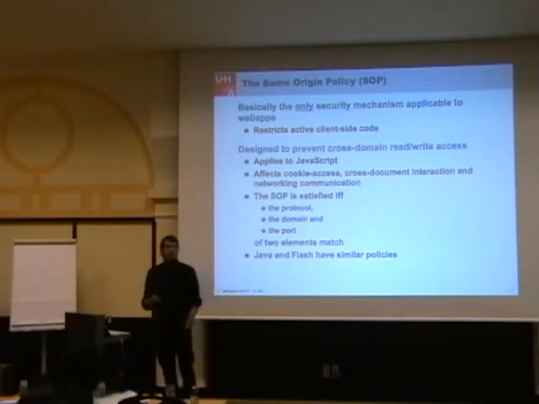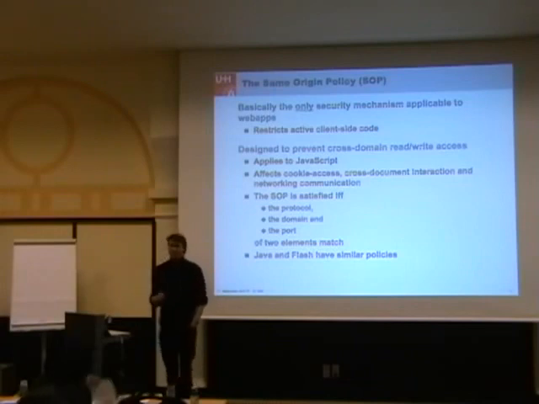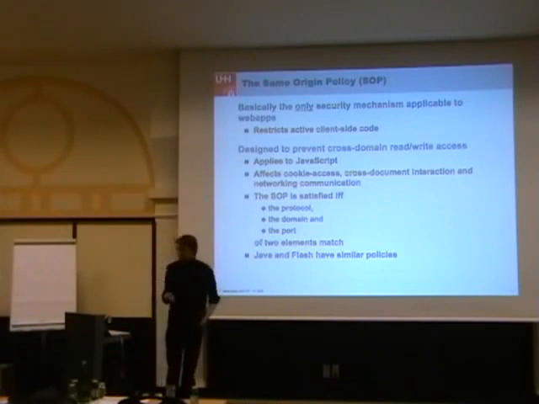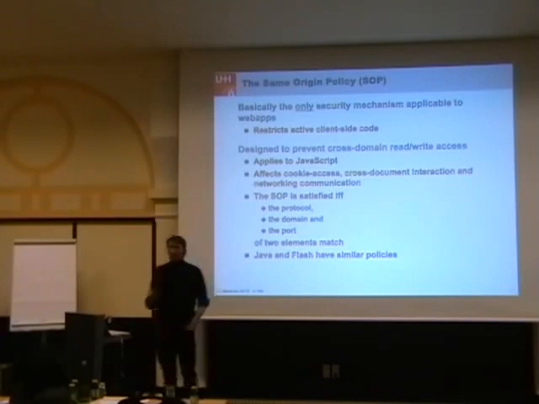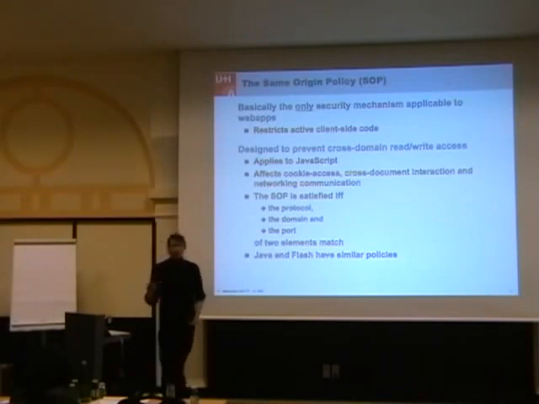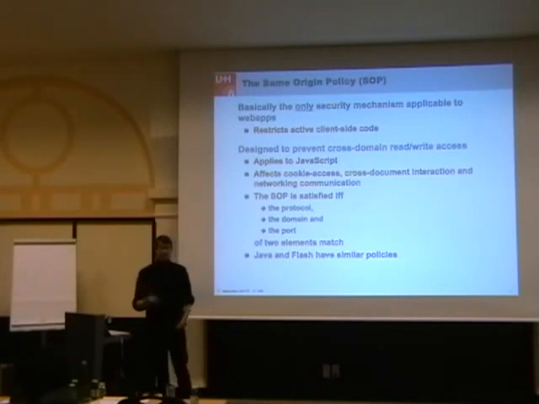The same origin policy was designed to restrict the capabilities of client-side technologies like JavaScript, Java, and Flash, and it's rather simple. We look at 2 elements that are displayed or run in our browser. If these 2 elements share the same origin, which is defined by the protocol, the domain, and the port, for example HTTP is the protocol, www.example.org is the domain, and port 80 is the port, and if these 3 values match, the same origin policy is satisfied.